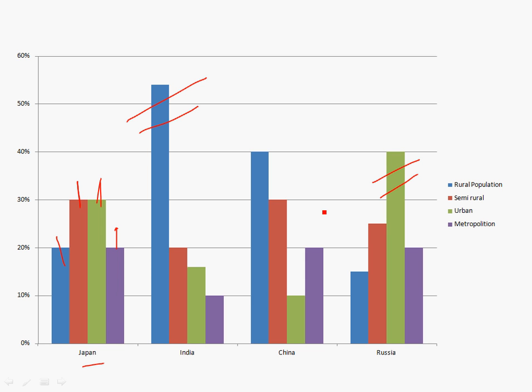So if the question asks, let's say, if the population of each country is also given, let's say it's 10, it's 20, it's 5, and it's 3, right? Then you have to now calculate the absolute numbers. Which country has more semi-rural population than China, right?